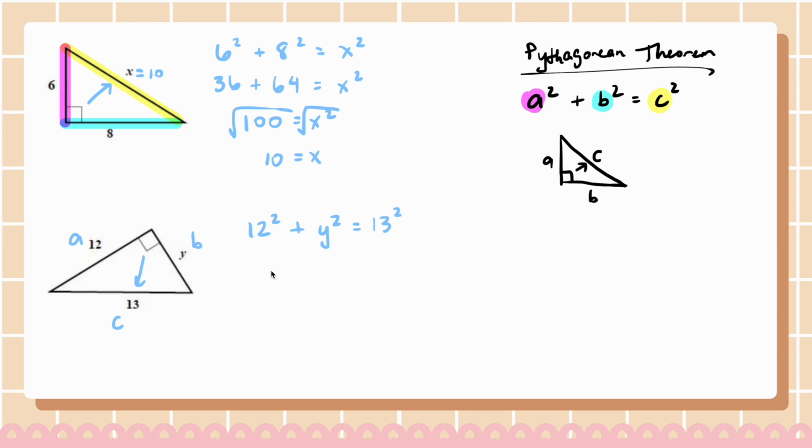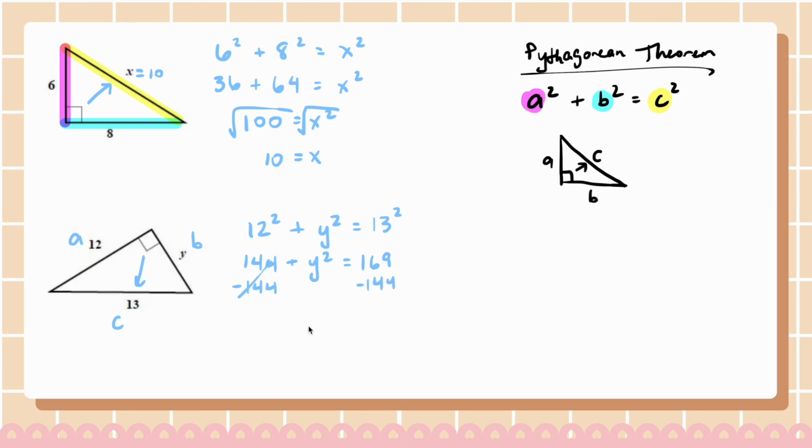Now let's simplify and solve for y. 12 squared gets me 144, plus we're just going to leave y squared the same, is equal to 13 squared is 169. And now I want to isolate y squared. So I notice that 144 is being added to it. So let's do the opposite of addition, which is subtraction. So I'm going to go ahead and subtract 144 from both sides.